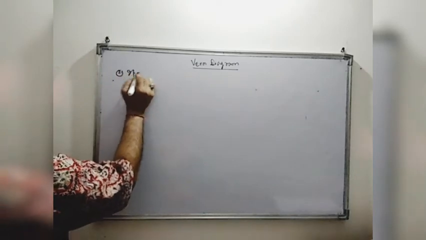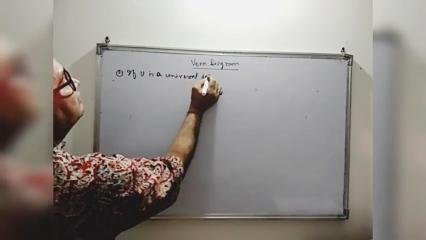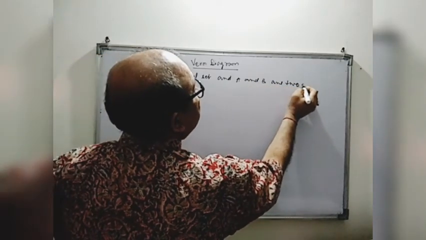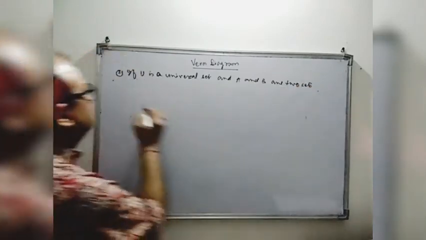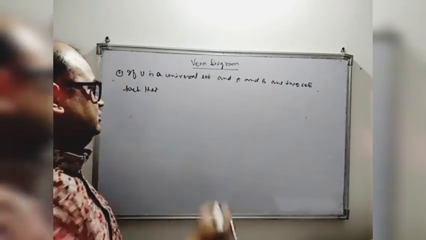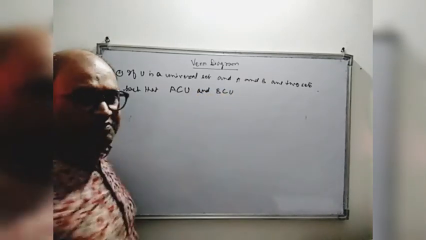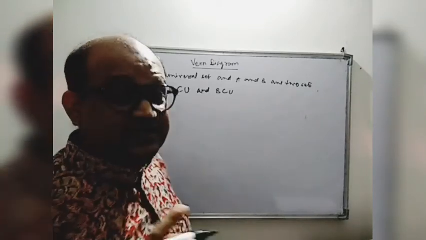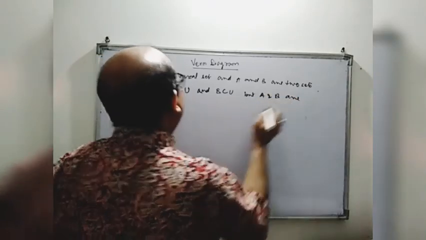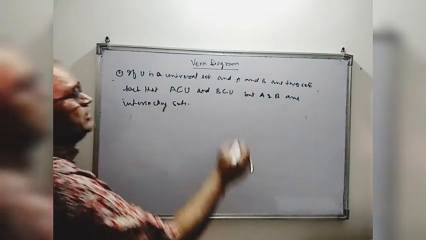Second, if U is a universal set and A and B are two sets such that A is a subset of U and B is also a subset of U, but A and B are intersecting sets, then we can represent it like this.